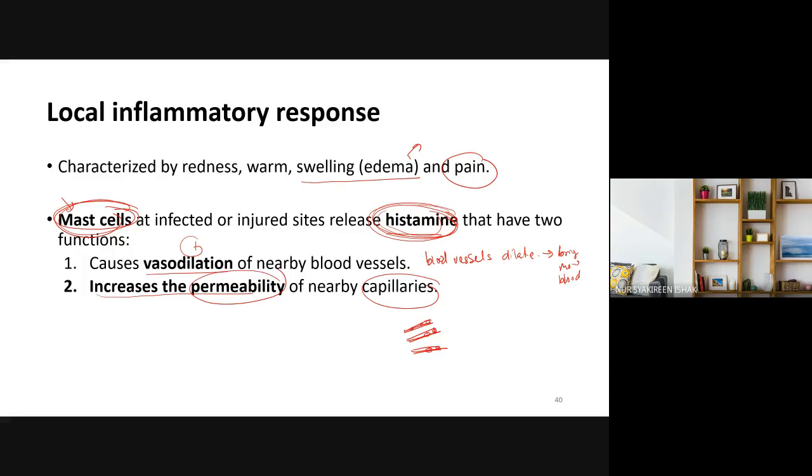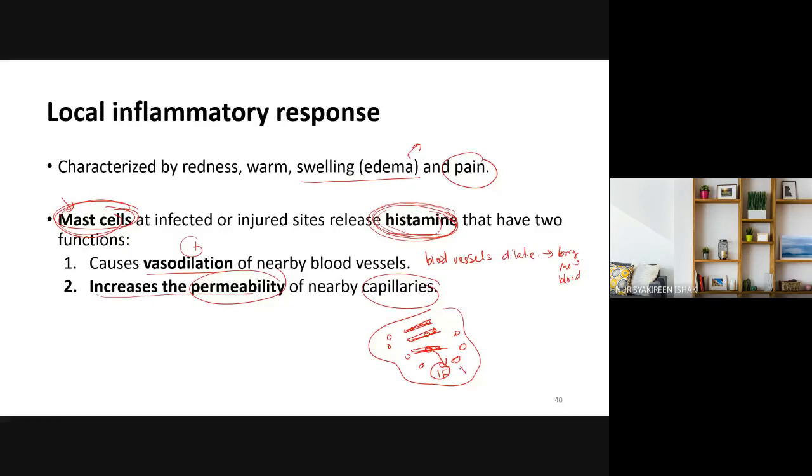So by increasing the permeability of the capillaries, neutrophil that was inside the capillaries will come out of that capillaries into the interstitial fluid surrounding the injured tissue. So neutrophil akan keluar daripada blood capillaries tu, into the interstitial fluid surrounding the infected tissue.